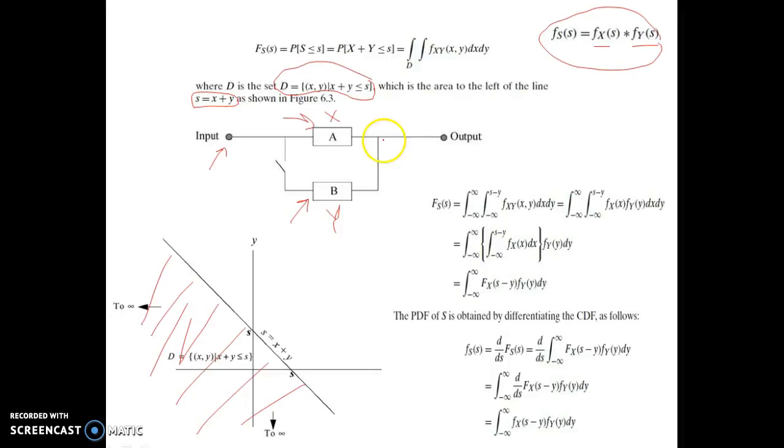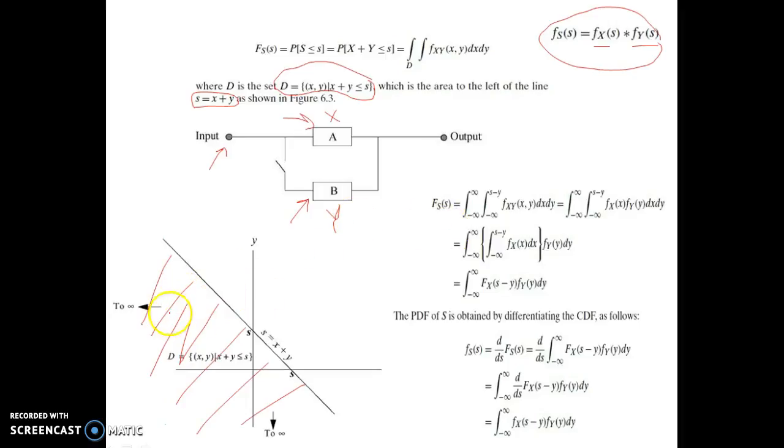So we will have to find the limits for this integration. If we look very carefully, we will see that we have to do integration in terms of both x and y, so we define the limits for both. The limit of y will be simply from minus infinity to plus infinity.